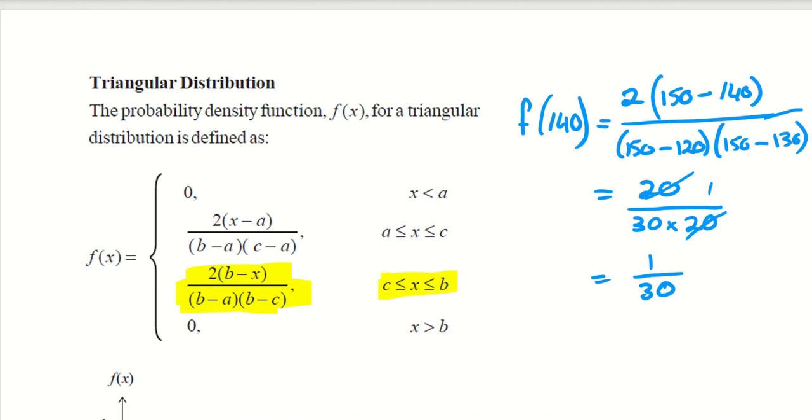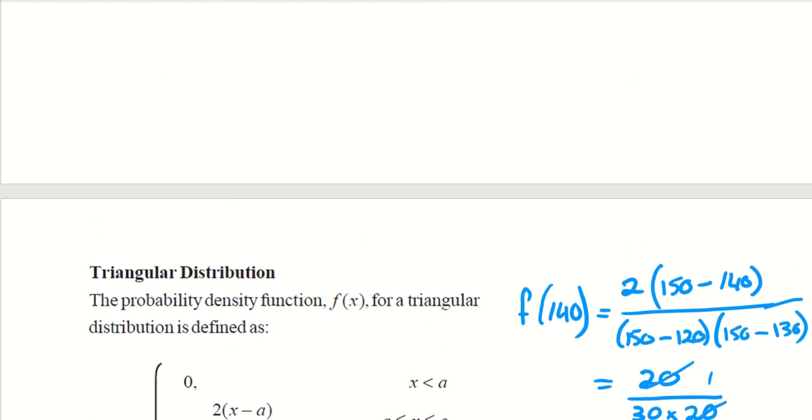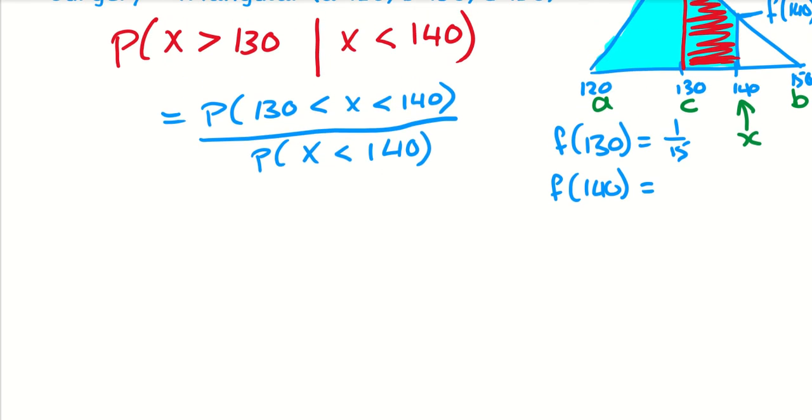And I'm going to leave this as a fraction, not a decimal, because I don't want any rounding errors coming in. Okay, so that's what we've just found. We've found the height at 140. So there we go, our height at 140 is 1 over 30. So just make a little note there, those are our heights.